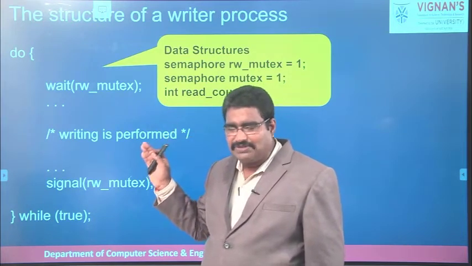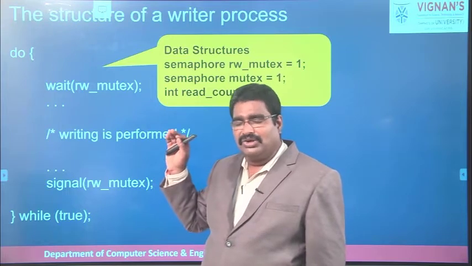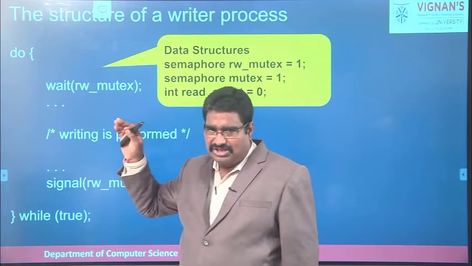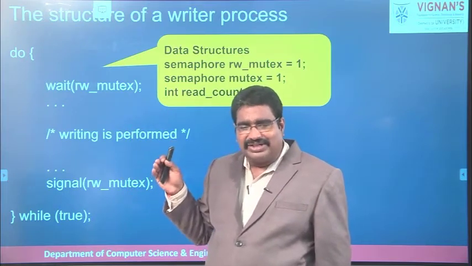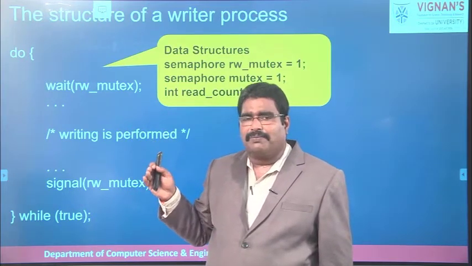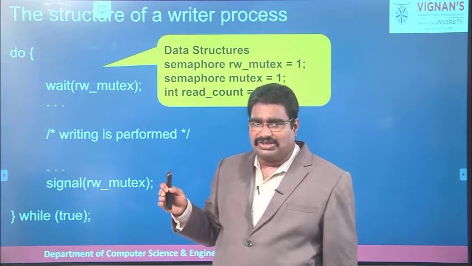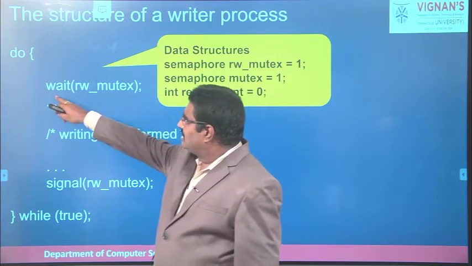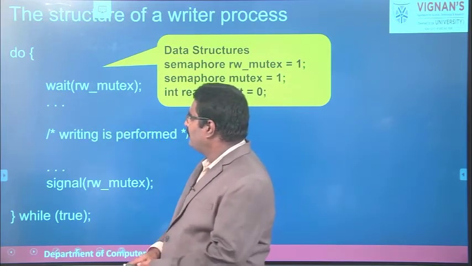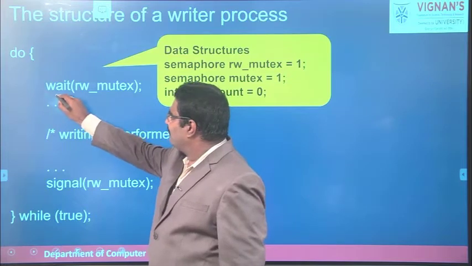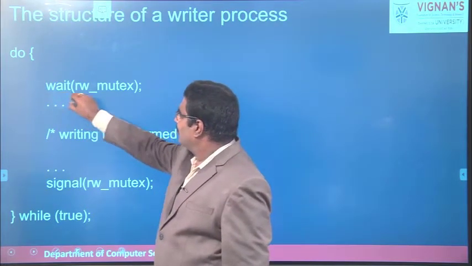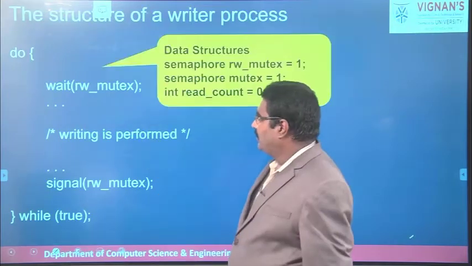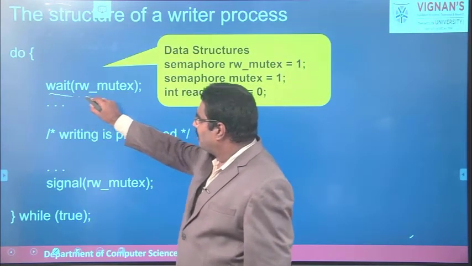If there is no reader performing the read operation and no writer performing the write operation, at that time only the RW mutex value is 1. That itself indicates that no writer is performing the operation and no readers are performing the read operation. We are allowing the writer to perform the write operation. For that reason, wait(RW mutex). I hope you understand the need of this.